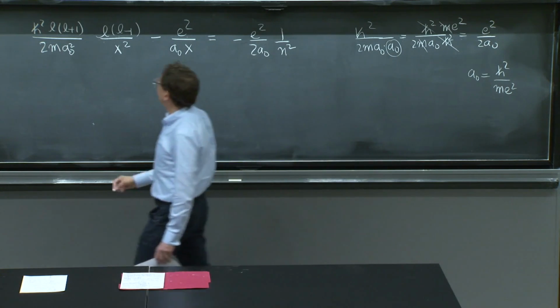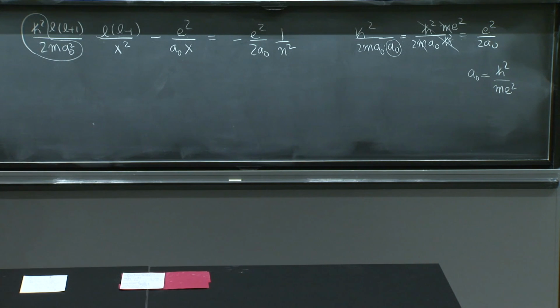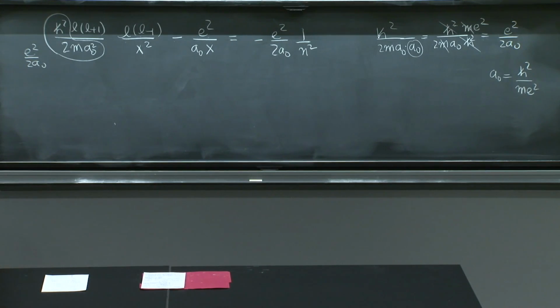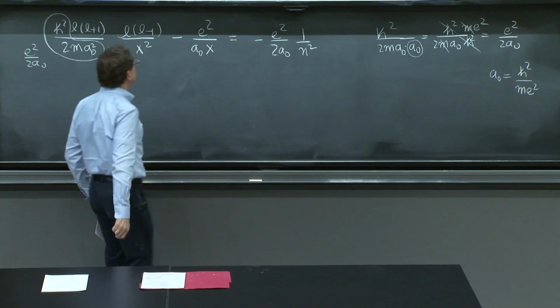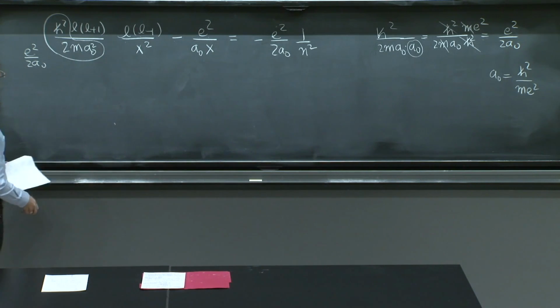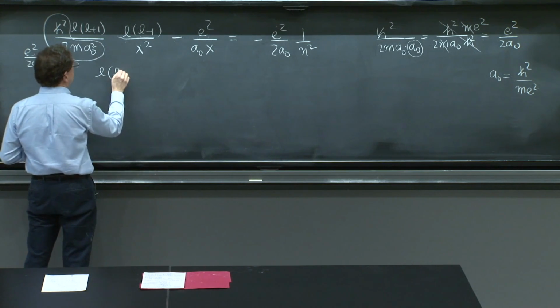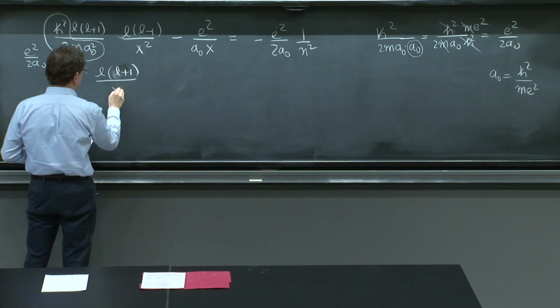So this whole coefficient is e squared over 2a0, which is nice, because now the e squared over a0 cancel, and we get L times L plus 1 over x squared.